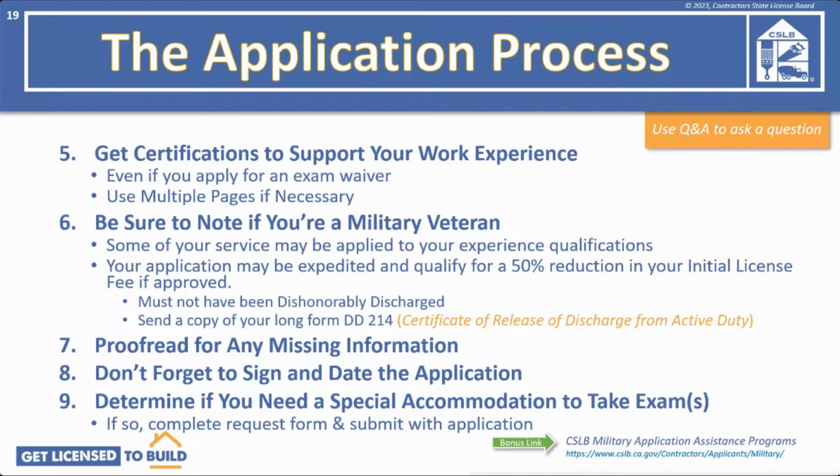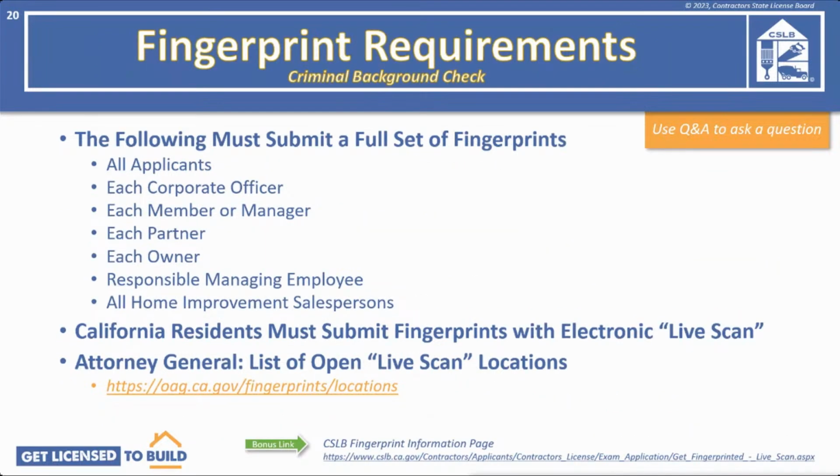Next, let's take a look at our fingerprint requirements, which are used for a criminal background check. This is a list of those who must submit a full set of fingerprints to CSLB depending upon the type of business entity. All applicants, each corporate officer, each member and manager, each partner, each owner, the responsible managing employee, and all home improvement salespersons.